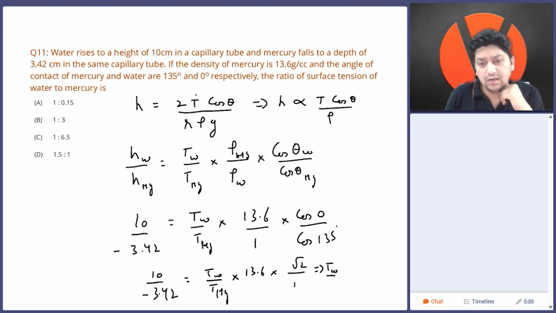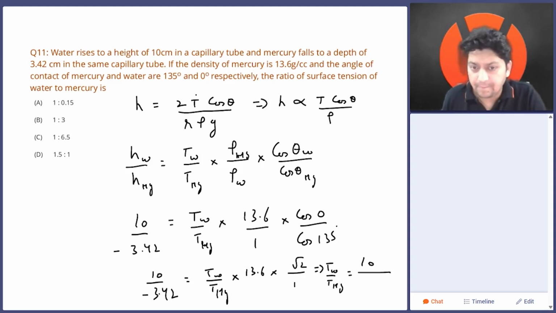So TW by T mercury will be equal to 10 by 3.42, the negative signs will cancel out, into 13.6 by root 2. So now the calculation is there.